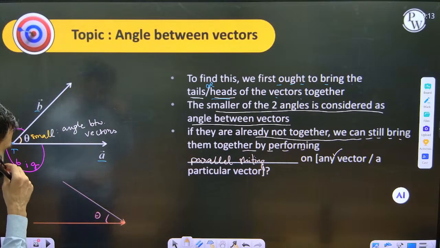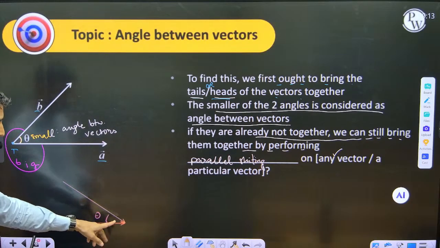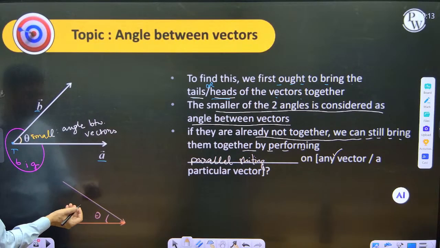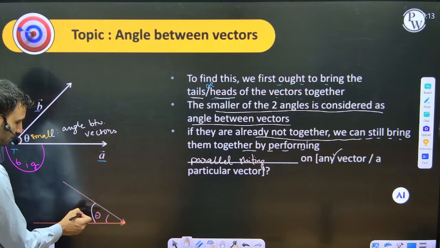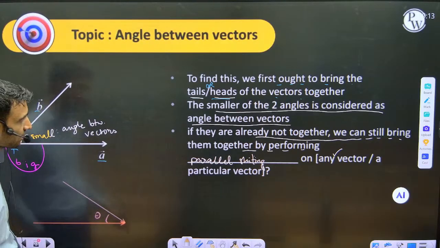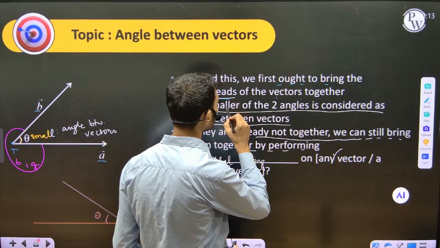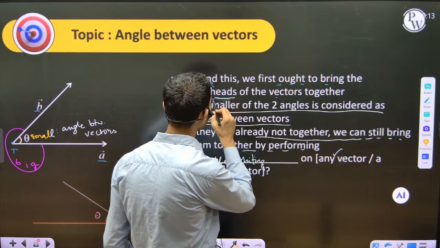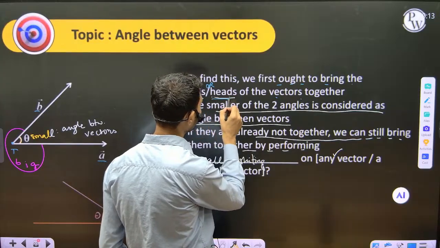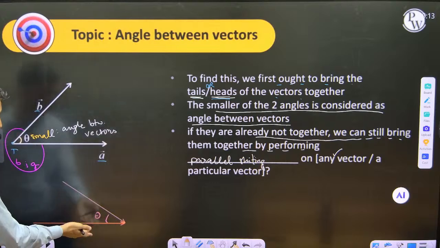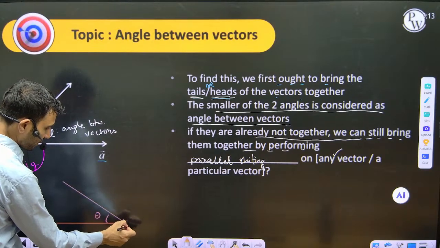Now in this case, heads are together, right? So which is the smaller angle? So can we find out the angle between vectors? Yes, because I told you we have to either bring tails or we have to bring the heads together, right? And in this case, the heads are already together. You see, heads are already together.